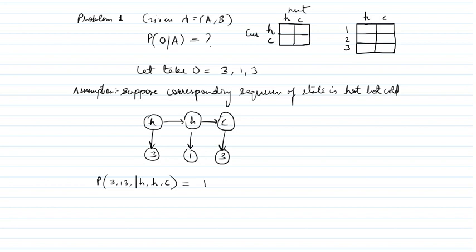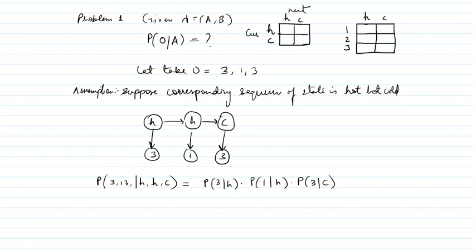So we can multiply P of 3 given hot, dot, P of 1 given hot, dot, P of 3 given cold. Because each observation is only dependent on its own state, we factorize this and get these terms.